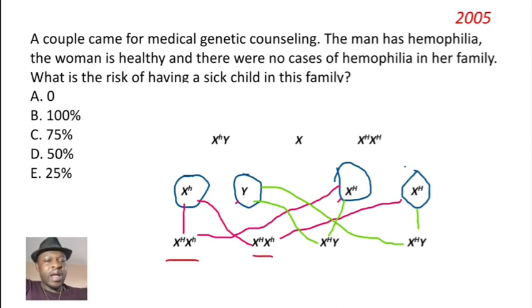The second one, again, is healthy but a carrier. And then the son is absolutely healthy, and the other son is healthy again. The question is asking: what is the risk of having a sick child in this family? The probability is 0 because all of these are healthy. So the answer is A.